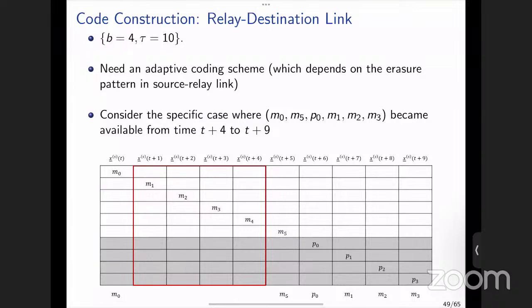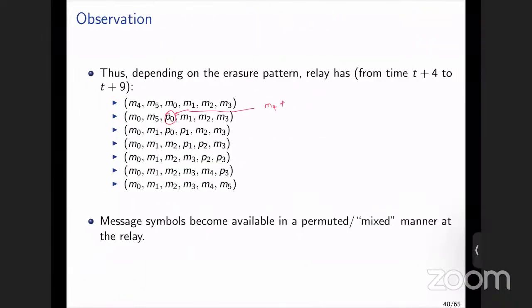So now let's talk about the encoding, how the relay is going to produce its coded packets, which it's going to send over the relay to destination link. Clearly we need an adaptive coding scheme, because as we have just noted, depending upon the erasure which we see on the source to relay link, the manner in which the relay recovers the message symbols will vary.